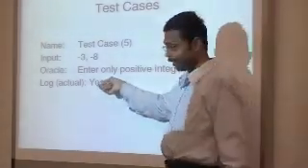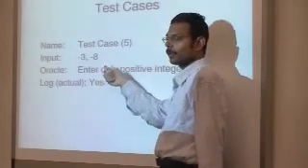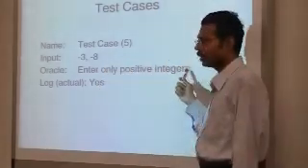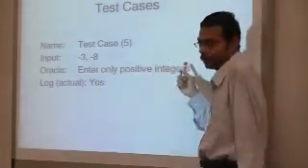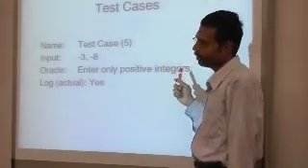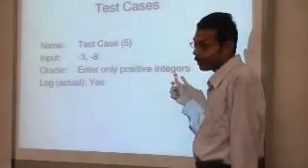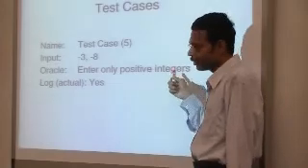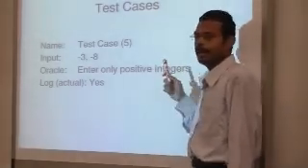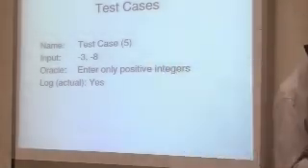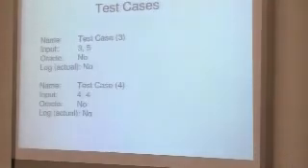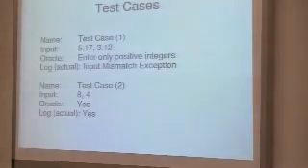So that's what actually will happen, but you would expect the program to say what? An error message telling it only positively, because the program is not supposed to process negative integers. Currently the program is not written to handle the situation. Okay? As well as the first scenario, even though you get an error message, we want a more formal way of that. So let's fix one by one.